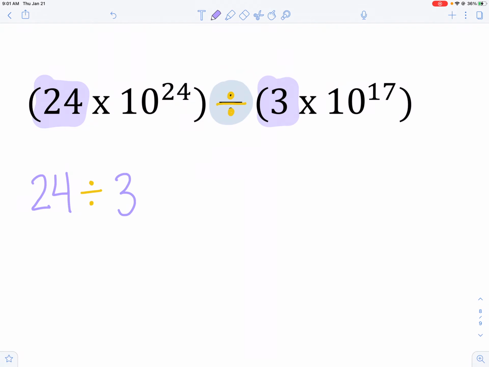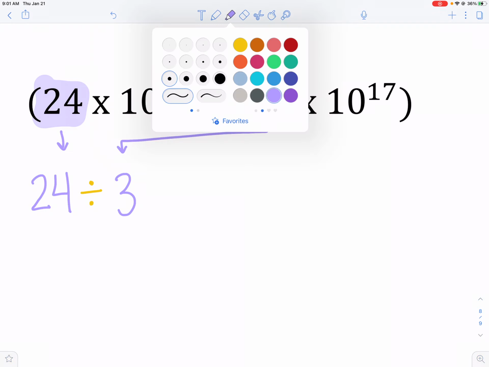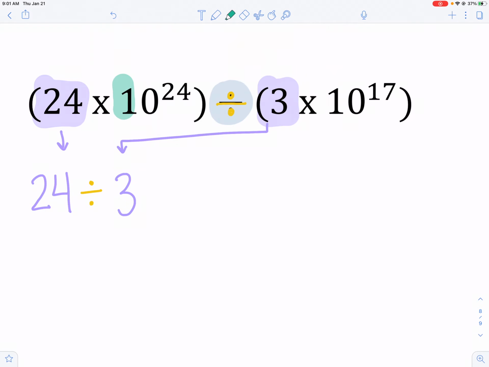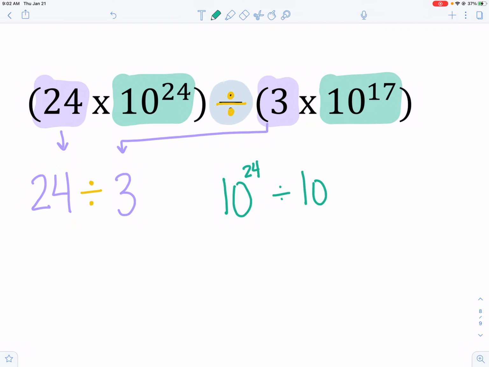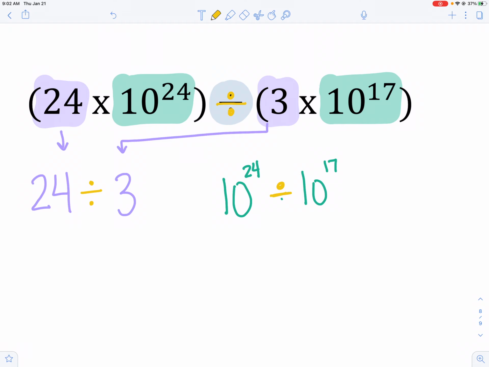So when I rearrange them, I have to rearrange the division sign as well. Same thing with the 10 to the 24th: I've got 10 to the 24 divided by 10 to the 17th. So I do have to carry that division.